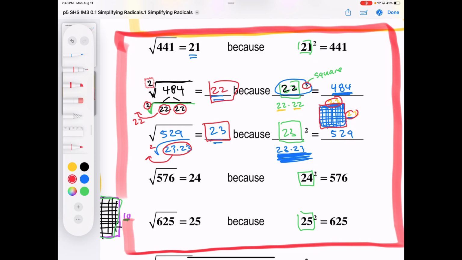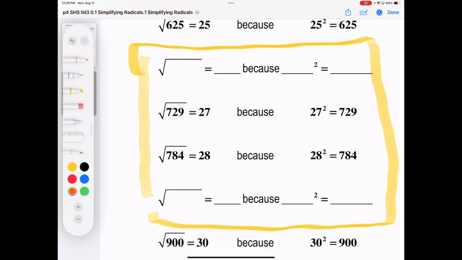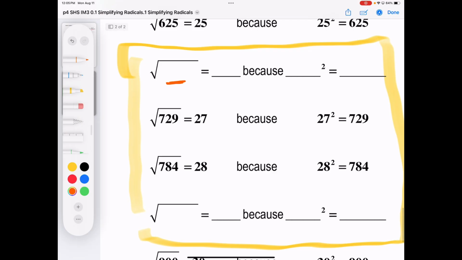Go ahead and do that. Orange chairs. What did you put in here? 676. What goes here?